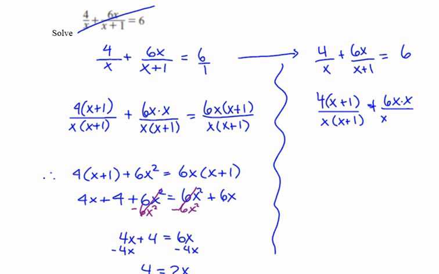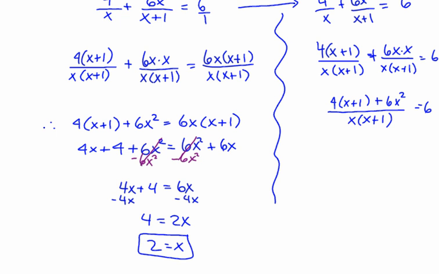So we're just going to add these two together first to make it a ratio equals a ratio. So now we have a common denominator, so we can put it over x times x plus 1. Just dealing with our addition like we do with any addition, so add those ratios together.